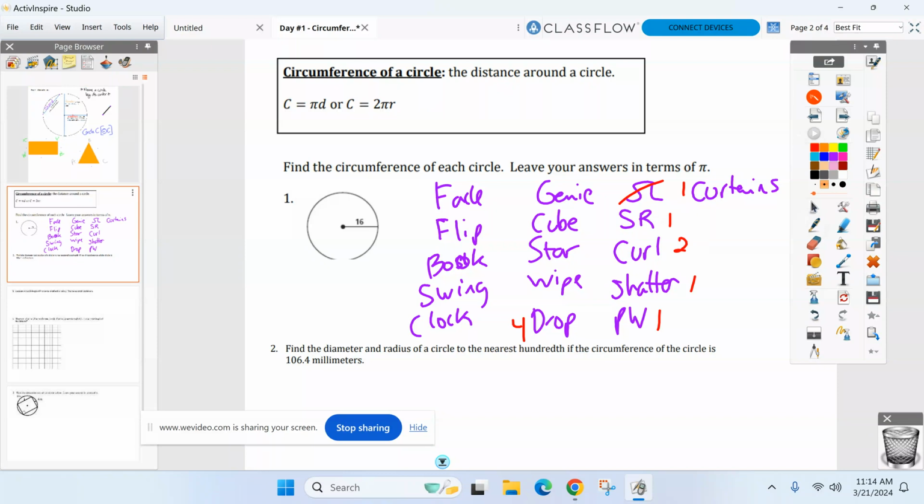Wipe. Star. Cubes. Genie. Clock. Swing. Book. Flip. Fade. All right, drop and Promethean person.